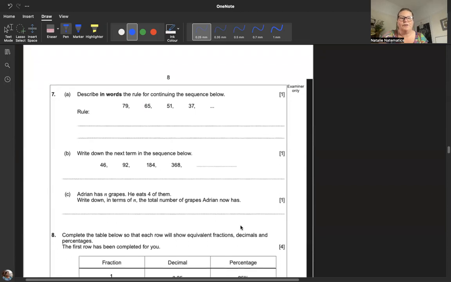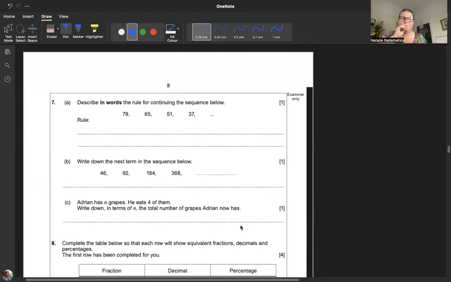Right then, next one. Describe in words the rule for continuing the sequence below. In words, okay? So it's not just add something or other. So what we're going to do is say, well, what happens to go from there to there? Well, it's getting smaller. So we've taken away from 79 to 65.